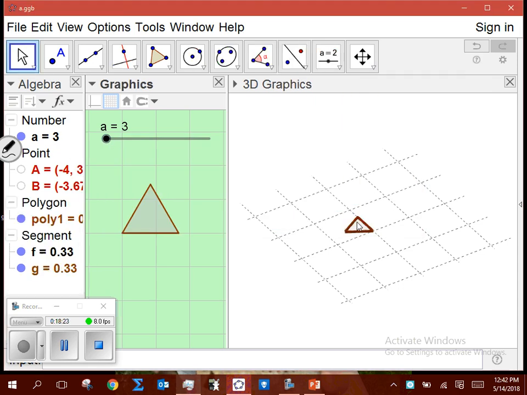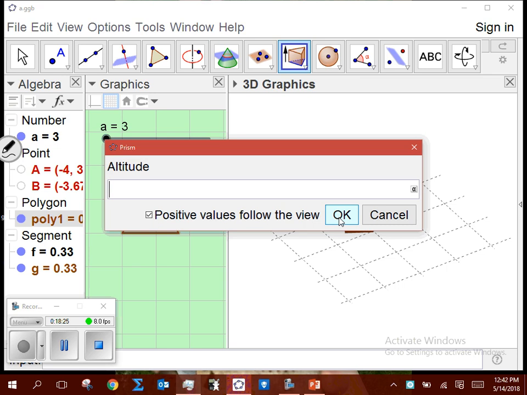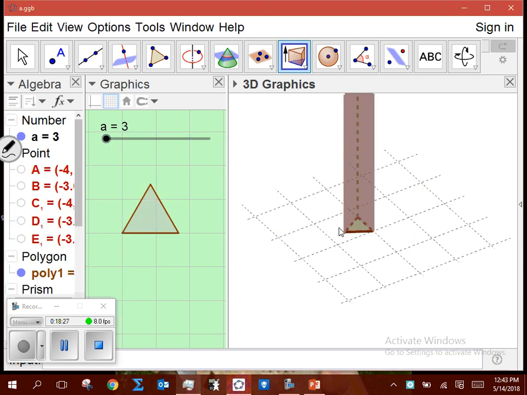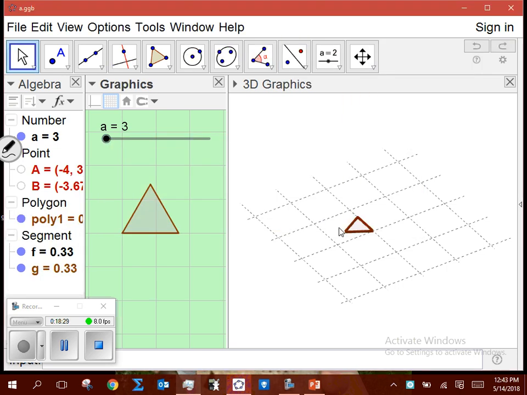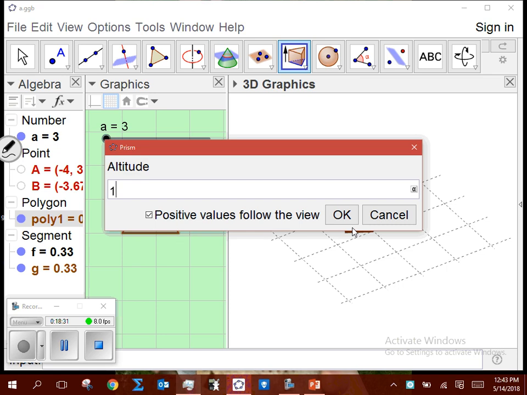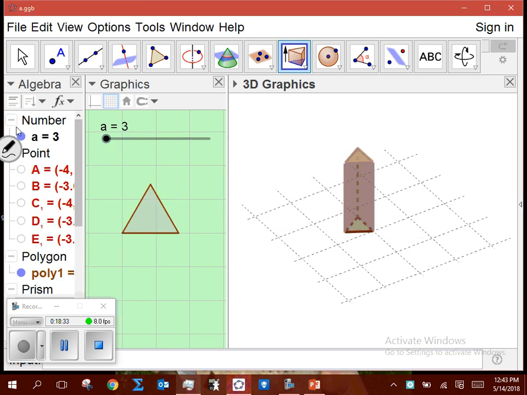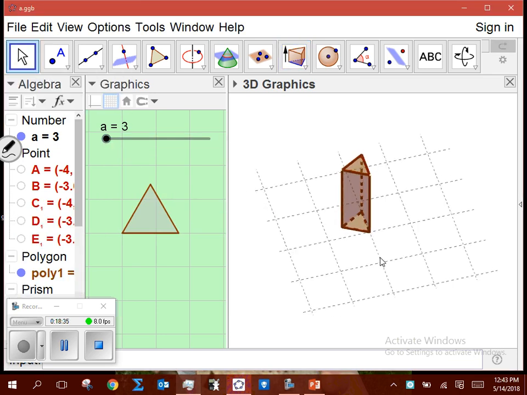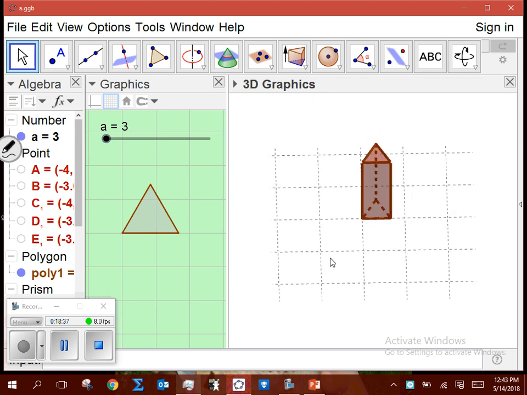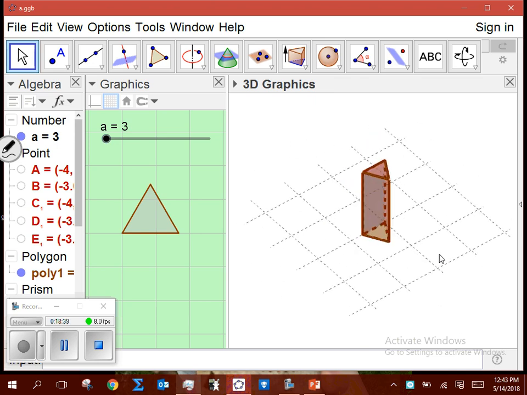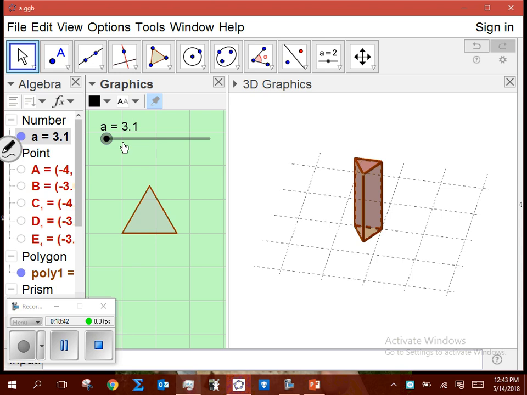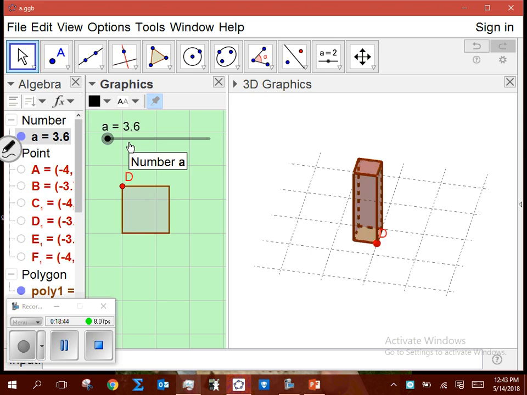Too big. Height 2. Too big. There we go. All right. Triangular prism, right? Surface area LA plus 2B, right? Okay. Rectangular prism. Surface area LA plus 2B, right?